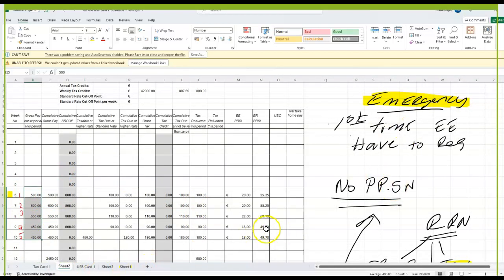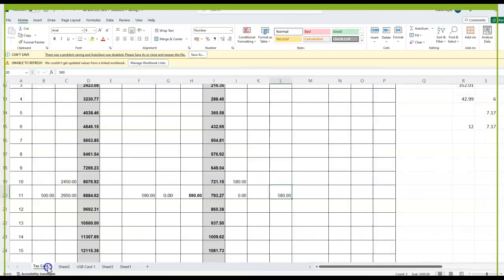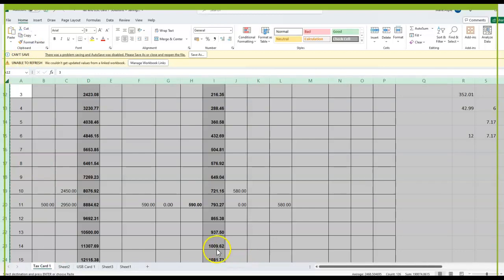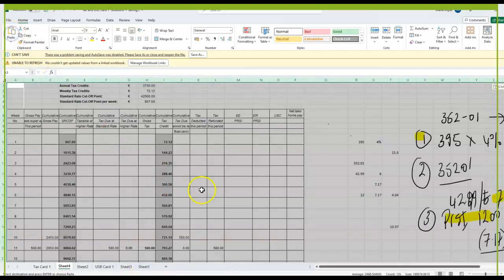The last one we looked at then was a week 1, month 1 scenario. So again, let me take out a tax card and copy it out just so we'll have a look at it. If you're using week 1, and this is the one we did just before Christmas, what are the scenarios? You may be assigned a standard rate cut-off point for a single person, but it could be non-cumulative.